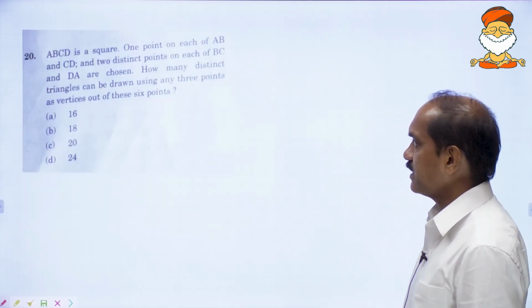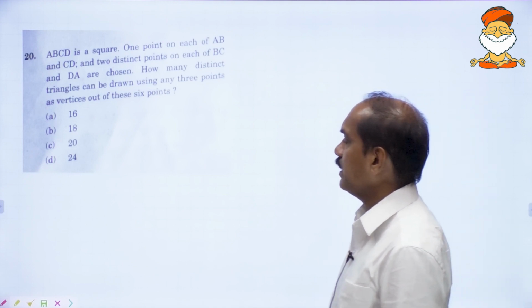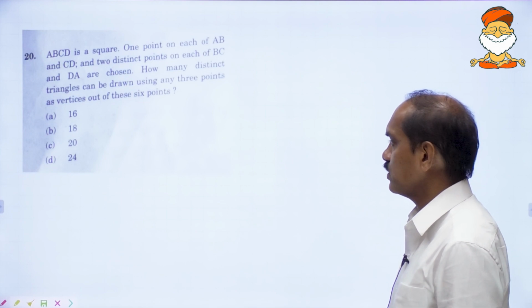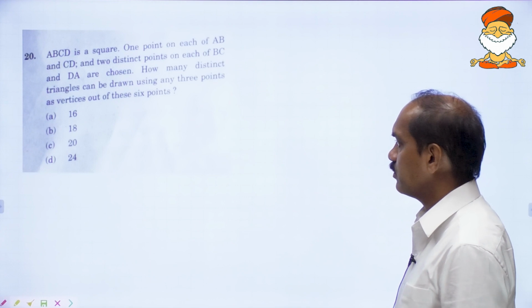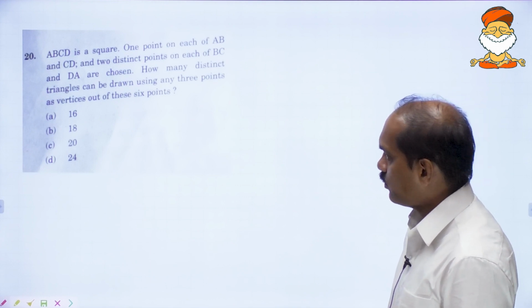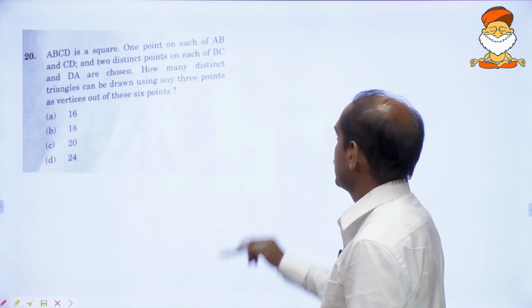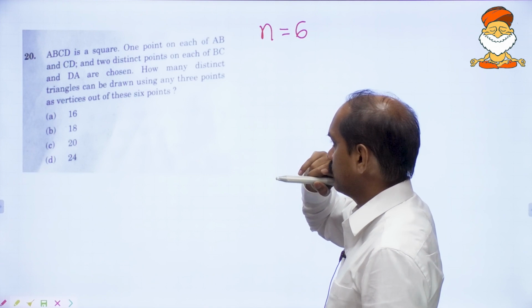Moving on to the next one, ABCD is a square. 1 point on each of AB and CD and 2 distinct points on each of BC and DA are chosen. How many distinct triangles can be drawn using any 3 points as vertices out of these 6 points? See here, N is 6 here, total number of points.